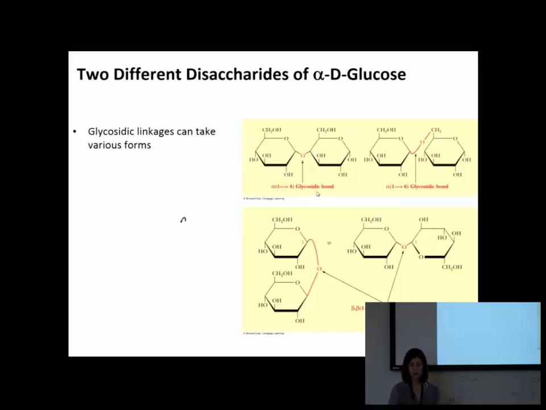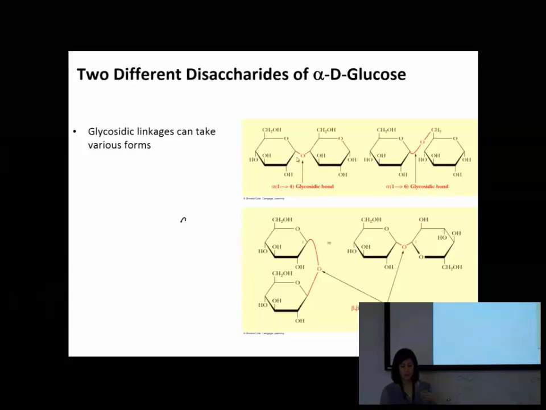You said it again? Yes. Sure. So what you're going to do, to identify what kind of glycosidic bond you have, is first find the sugar that has the anomeric carbon involved in the glycosidic bond. Second, you look and see whether that is an alpha or beta.